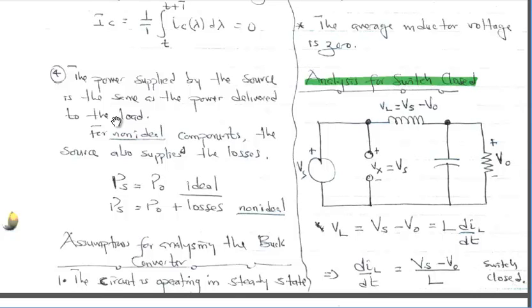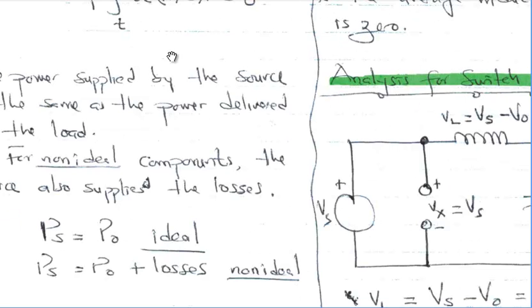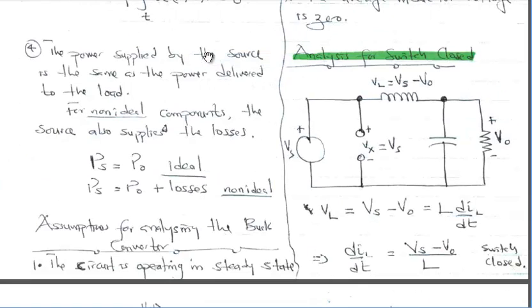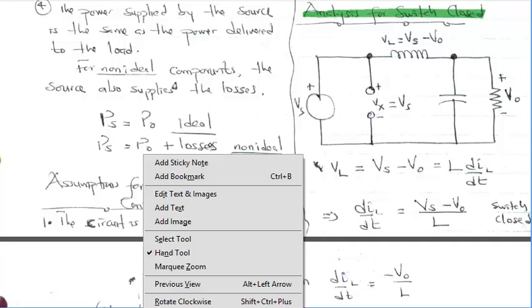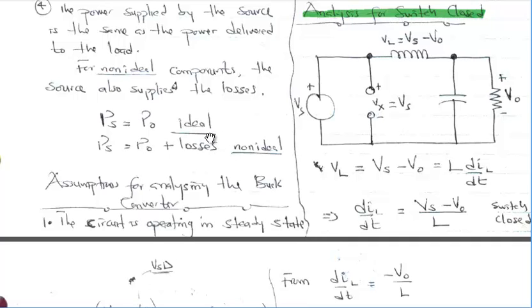So with the assumption that those are ideal, then all the power which is supplied by the source, we are making the assumption that that power is going to be delivered to the load. When we start looking at non-ideal cases, then basically the assumption is that the power supplied by the source is equal to the power absorbed by the load in addition to the losses.